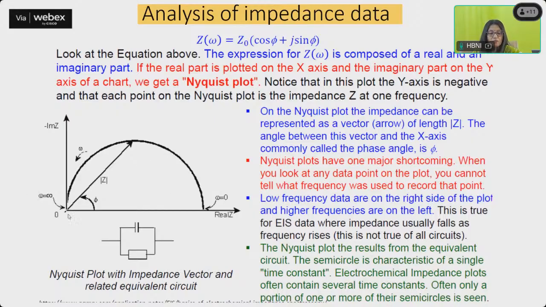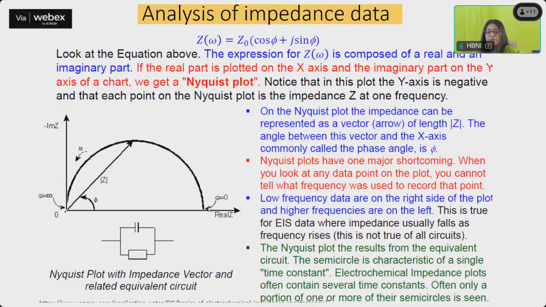But the only thing you have to remember is that the higher frequency is on the left-hand side of the plot and the lower frequency on the right-hand side. So you can see over here omega is 0 on the right-hand side, whereas omega is equal to infinity on the left-hand side. So please remember, in the Nyquist plot, when you are moving in the positive direction of the x-axis, your frequency is decreasing.